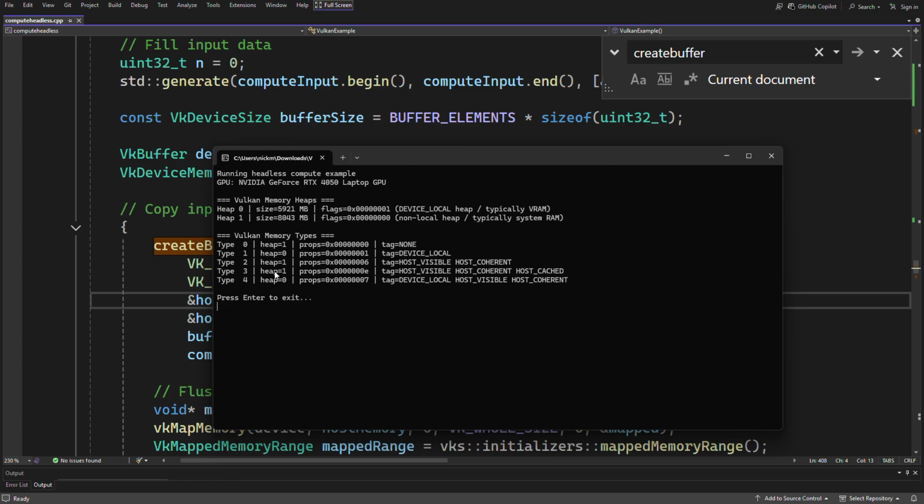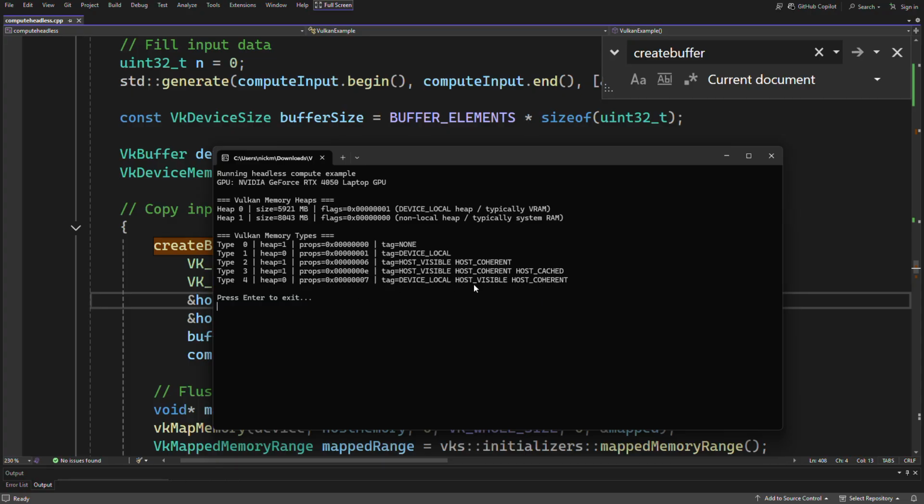What methodology, what bridge are you using to give the GPU access to that memory? Similarly, if you're on heap 0, which is VRAM, which is GPU RAM, but you also have it host visible and host coherent, well, the elephant in the room is how is the CPU accessing this GPU RAM?